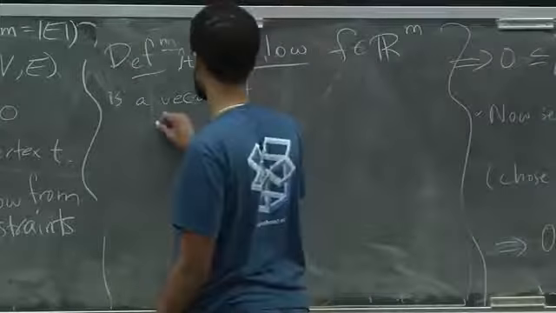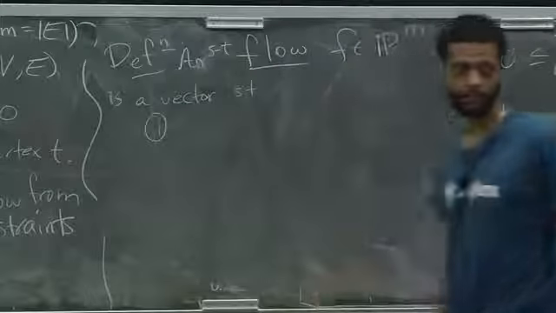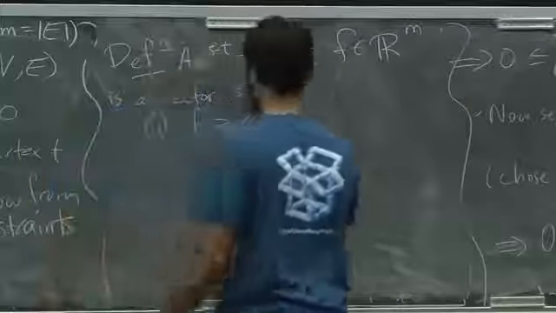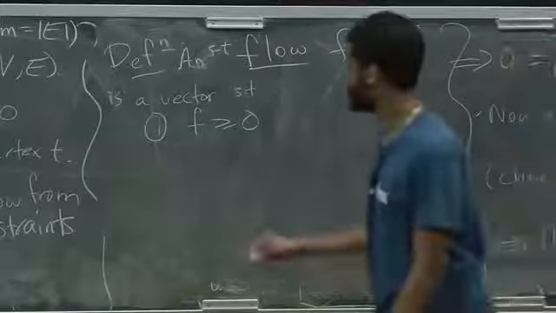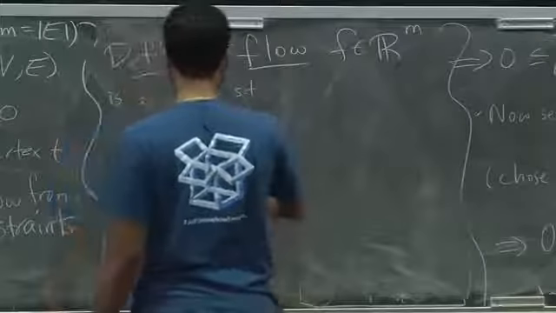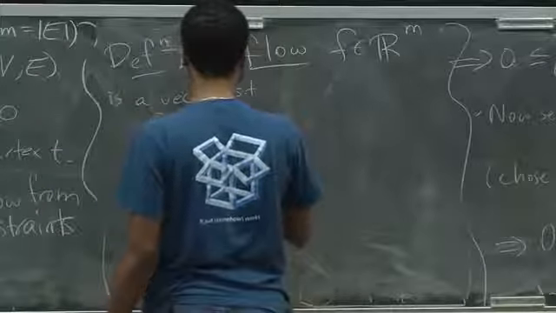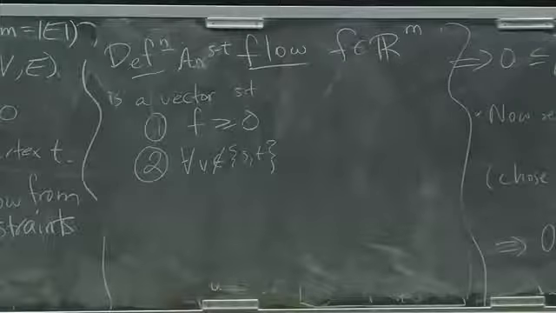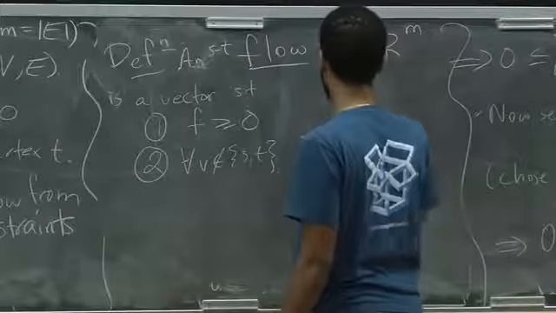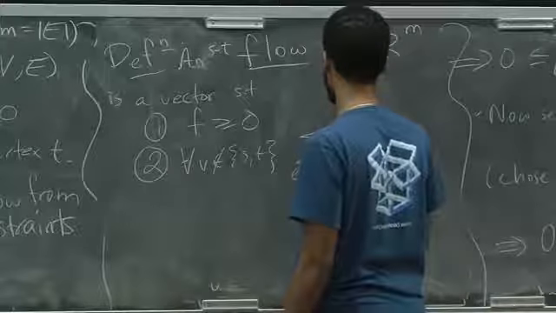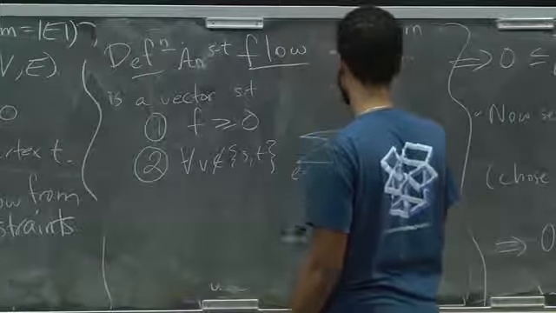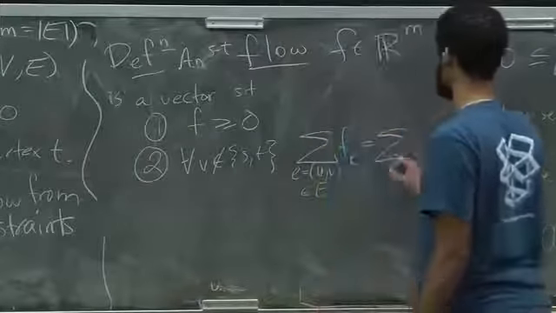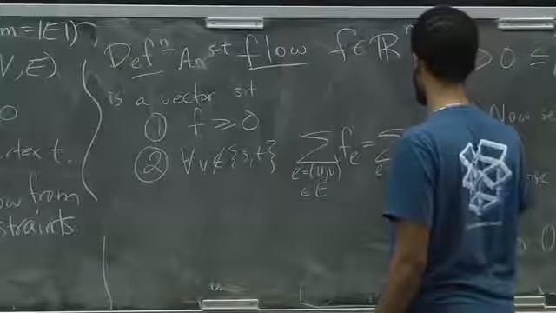So 1: F should be non-negative. 2: for all v that are neither S nor T, the sum over edges (u,v) in E of the flow of e should equal the sum over all the edges (v,u).